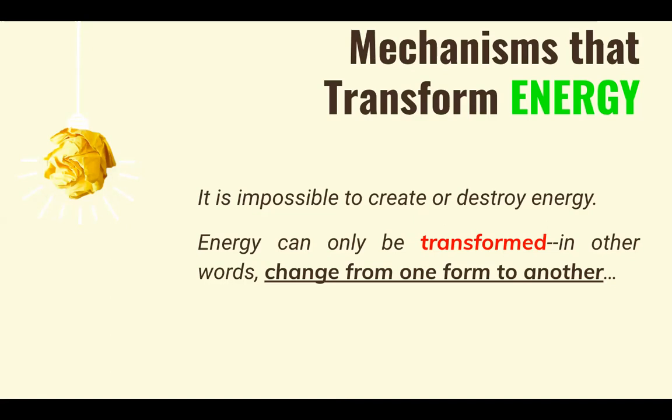That is called the law of conservation of energy. And that is a concept that you will continuously see throughout your studies in science. I don't just mean this year, I mean it will follow you until you stop studying science. So, again, it is impossible to create or destroy energy. Energy can only be transformed, in other words, changed from one form to another.